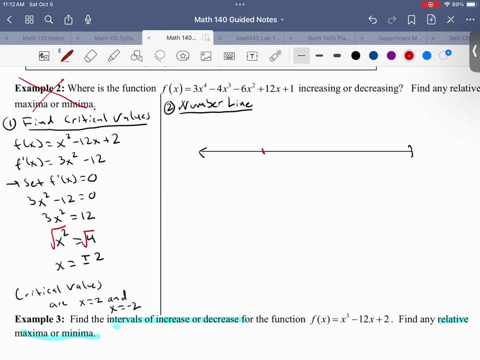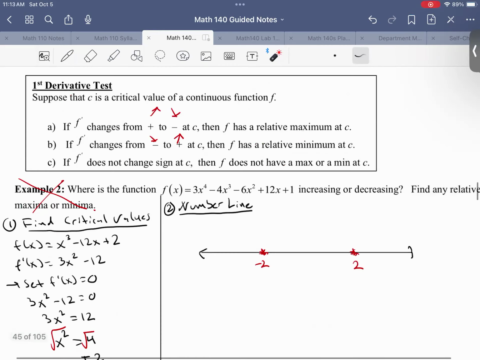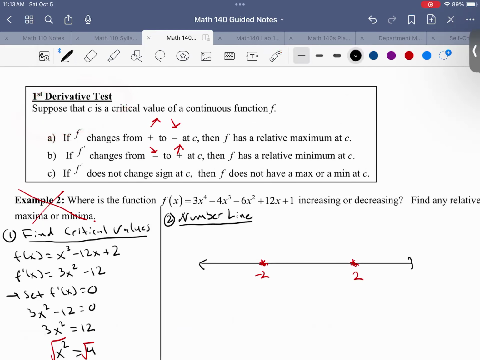So here's -2, here's +2, and I'll leave it like this for now. What you essentially want to do is test points to the left and to the right of these critical values and see if you get a positive or negative value. That way you can know if you're increasing or decreasing. So what we're basically going to be doing is using the first derivative test. So, number line first.